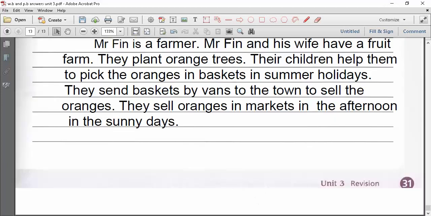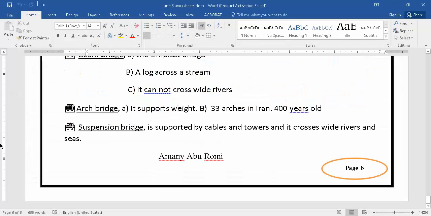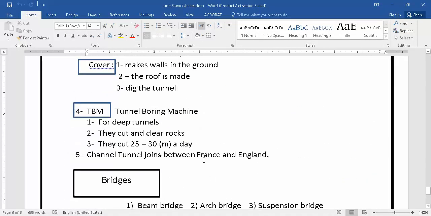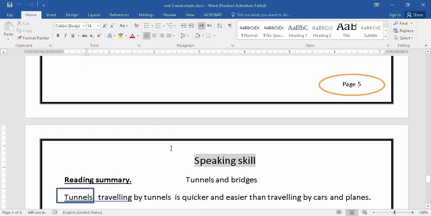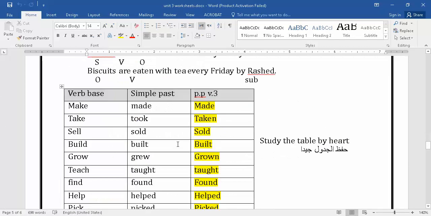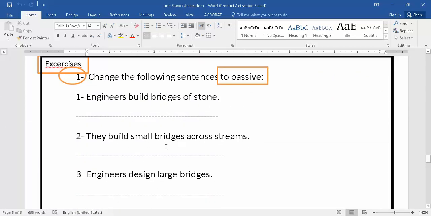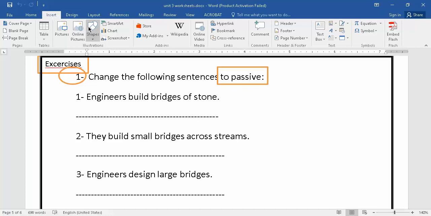Next, we will open all your worksheets. This is the speaking worksheet, which has the summary for the reading lesson. Look here. In this question, we will change to passive. Engineers build bridges of stone. First of all, you must divide the sentence into subject, verb, object. As I told you, we use the numbers 1, 2, 3.